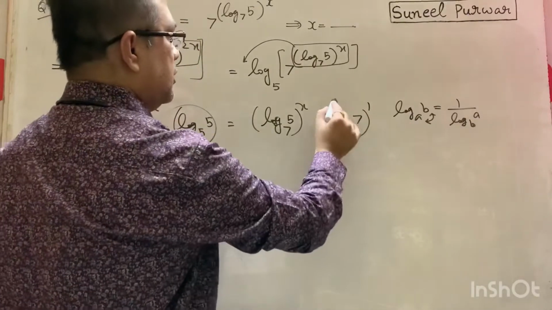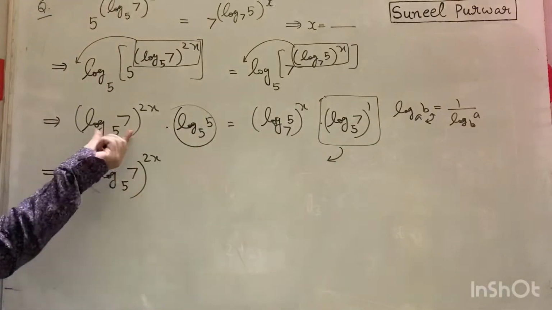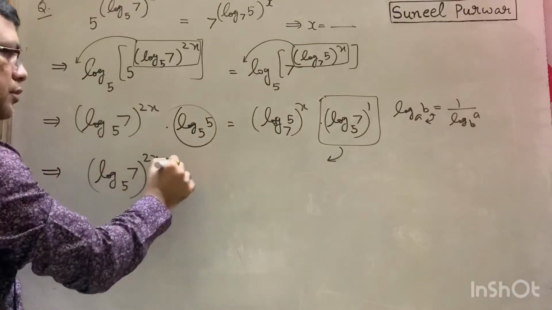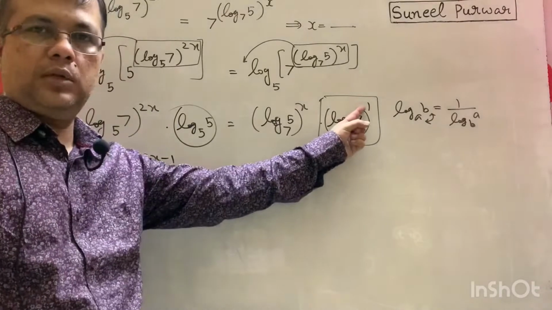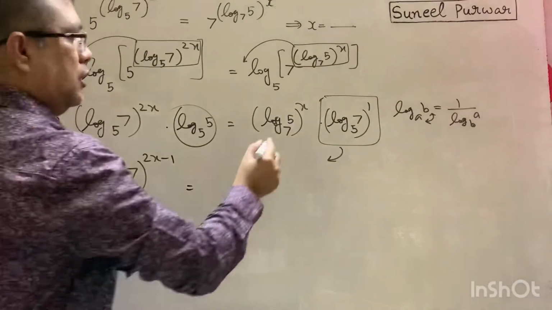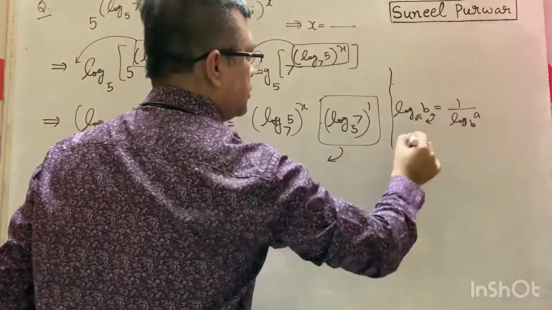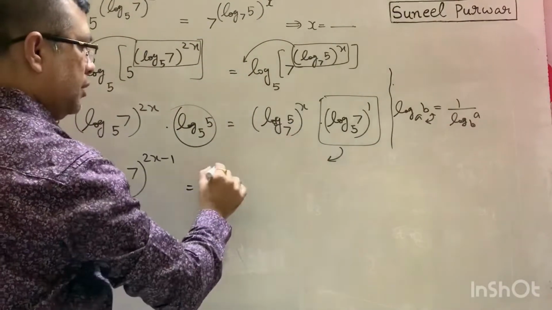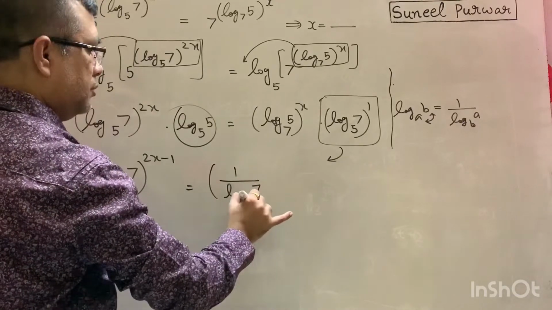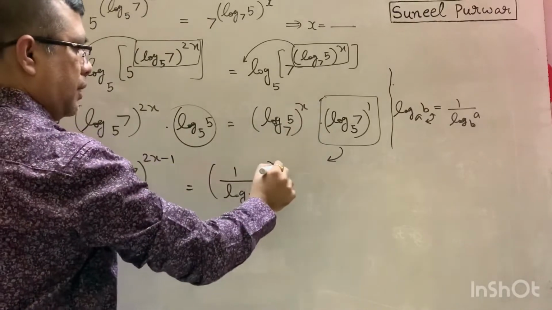So if you transfer this quantity on LHS, this is power 2x, so this will go here in the division and make this power 2x minus 1, this power is 1, that will become minus 1 on the other side, is equal to, now look at this, log of 5 base 7 can be written, using this property, as 1 upon log of 7 to the base 5, power is x only.